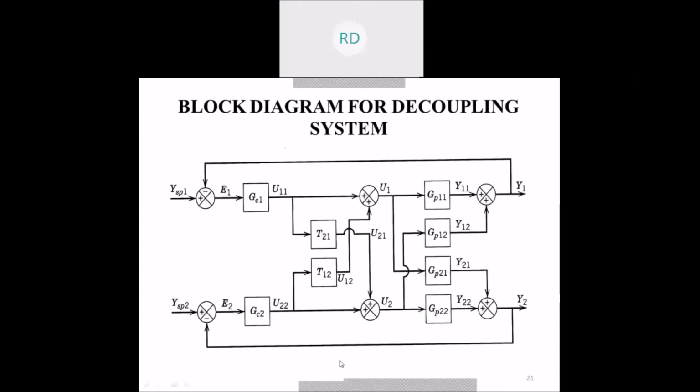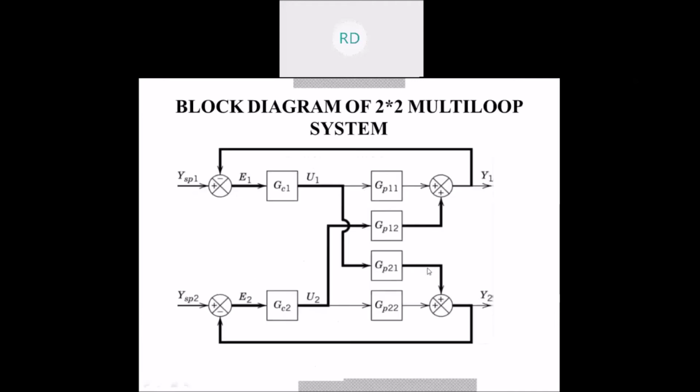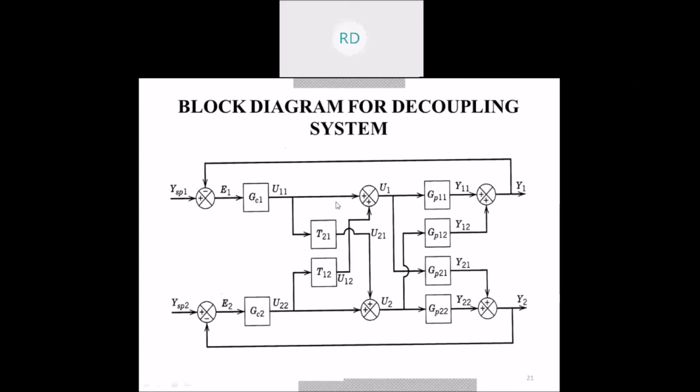Here is the block diagram for the decoupling system. If you look at the earlier block diagram, that is without the decoupler; I'm not using any decoupler there. That is the general block diagram of the two input and two output system. This is with the decoupler.